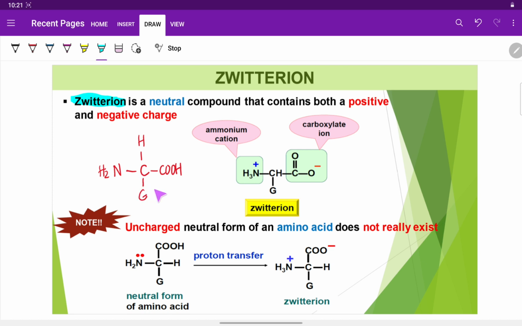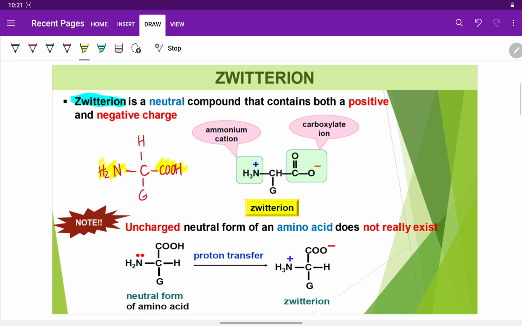But as a reacting compound, as an active compound, the structure of our amino acid is actually, they exist as a zwitter ion, yang mana pada functional group dekat sini, carboxyl group, and amino group dekat sini, dia adalah dalam bentuk ion.